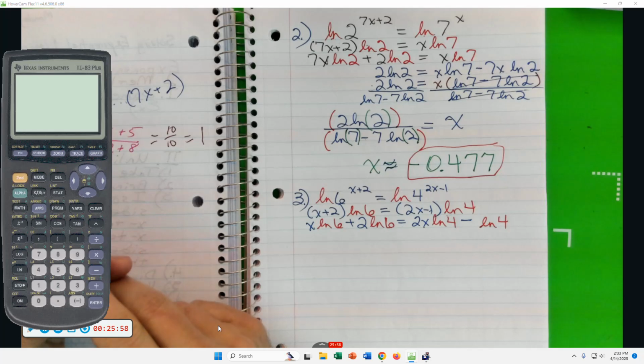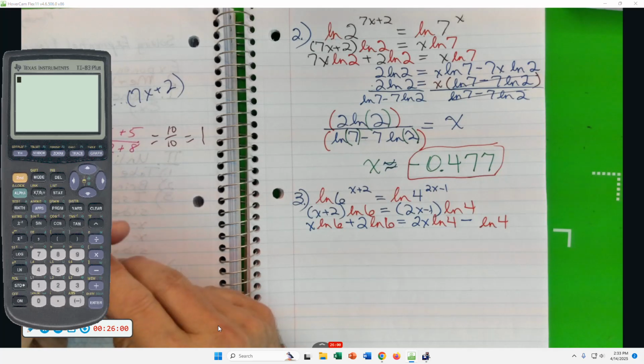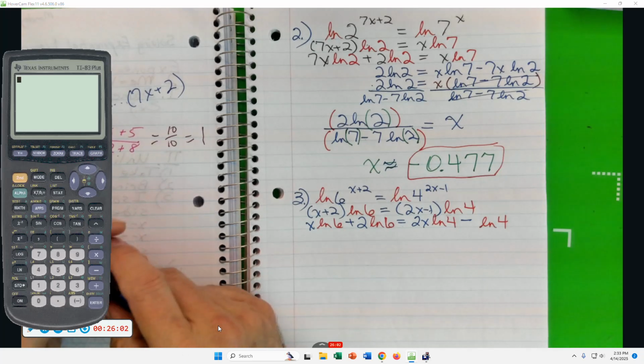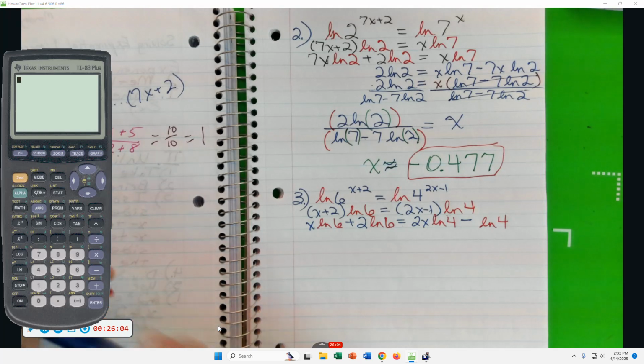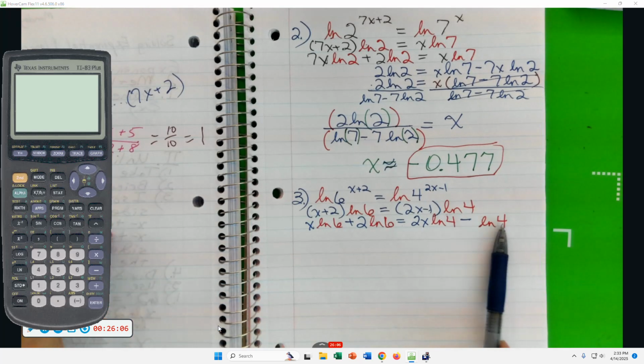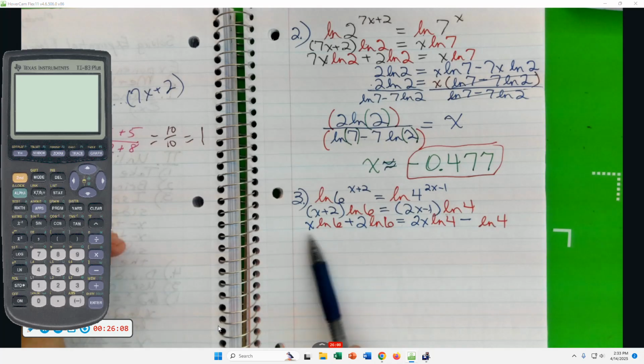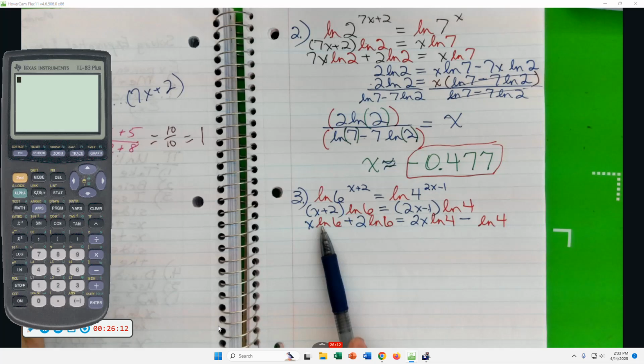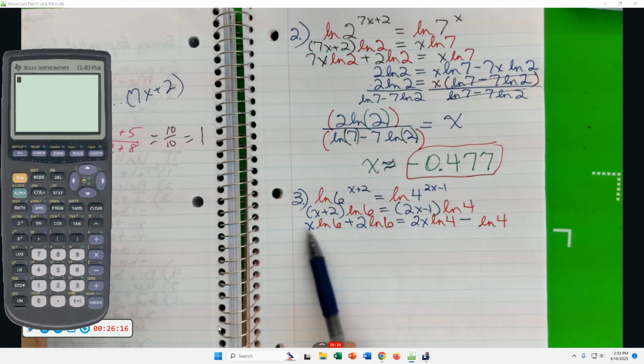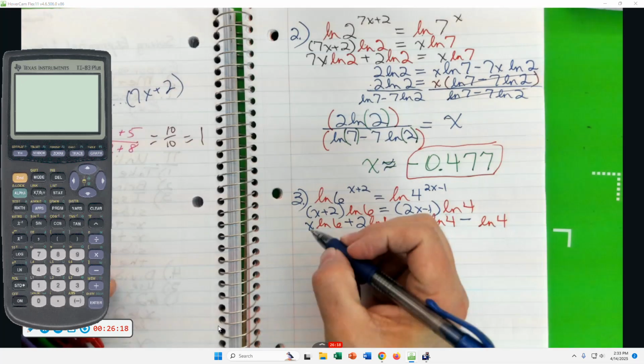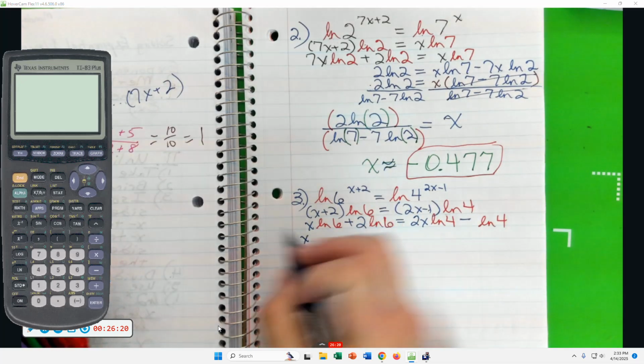We have to get all of the x terms on the same side. Here, when there's 4 terms, I go back to my old prejudice of always getting the x on the left side. So I think I'm going to gather the x's on the left. Yeah, I have an x ln 6 already.